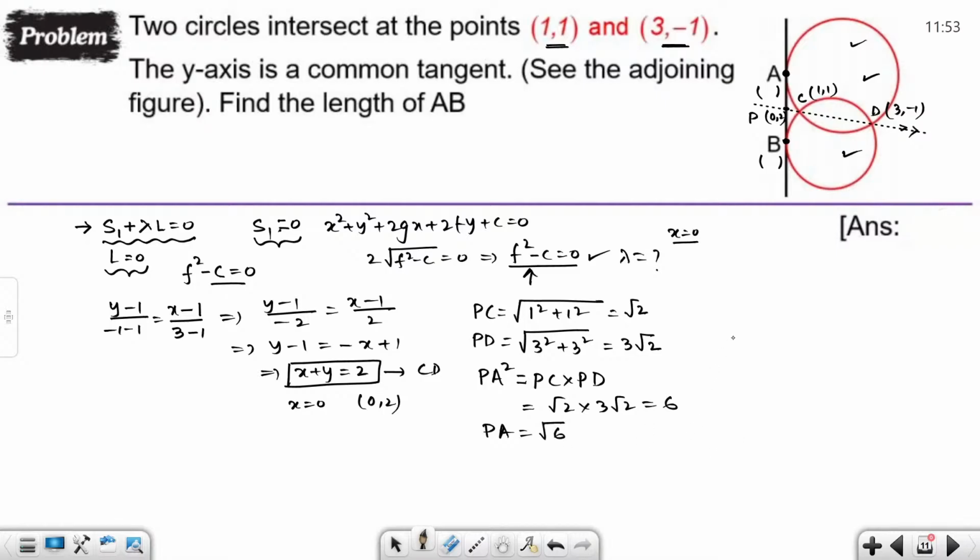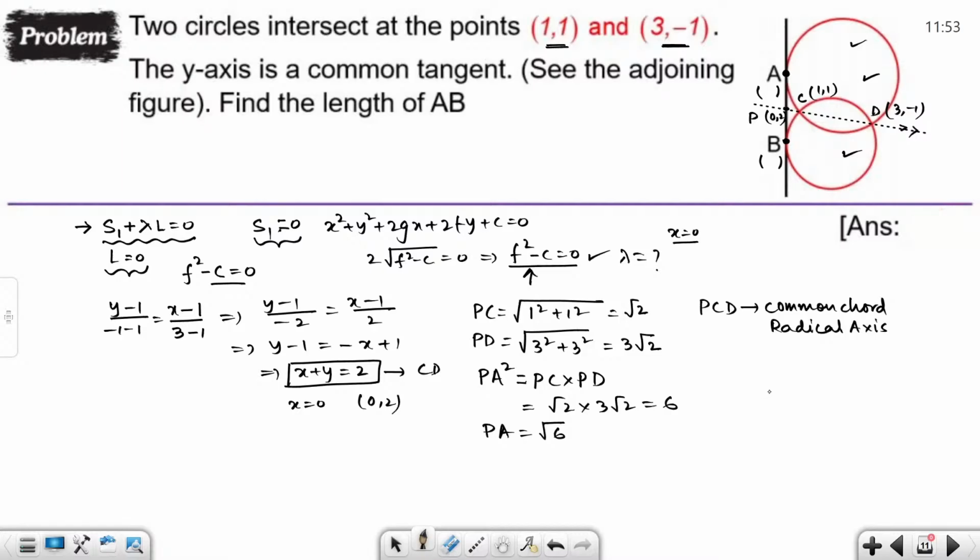Now, as we all know, PCD is the common chord. At the same time, if we observe, since these two circles are intersecting each other at two distinct points, this common chord is also the radical axis for these two circles. Am I right?